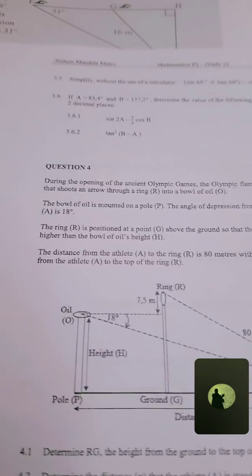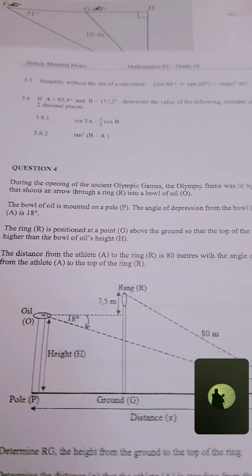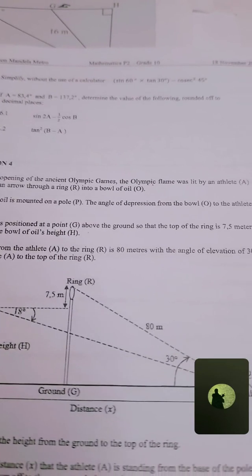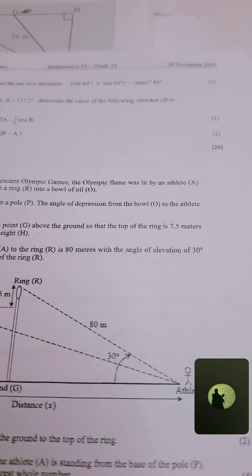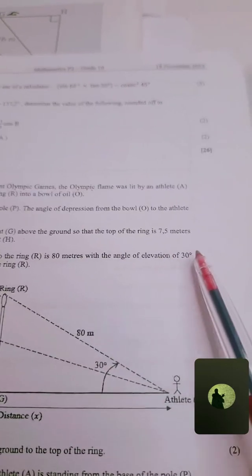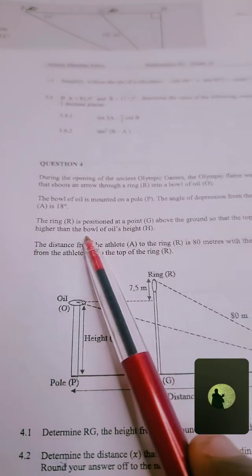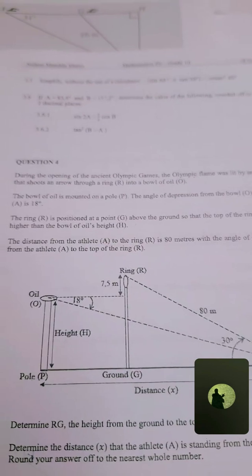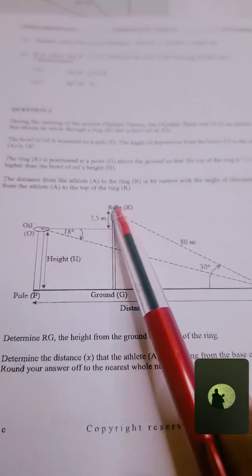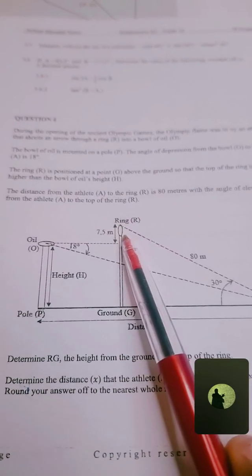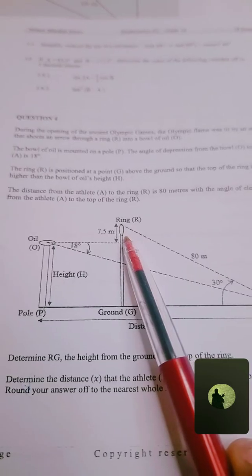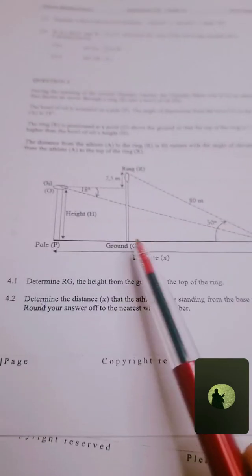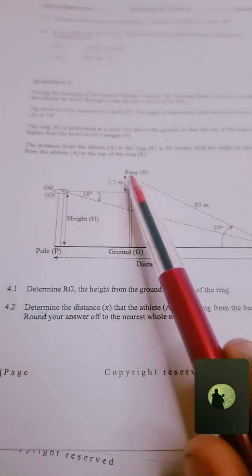Yes. Okay. The ring R is positioned at a point G above ground so that the top of the ring is 7.5 meters higher than the bowl of oil's height. Okay. So the ring R is positioned at a point G above the ground.